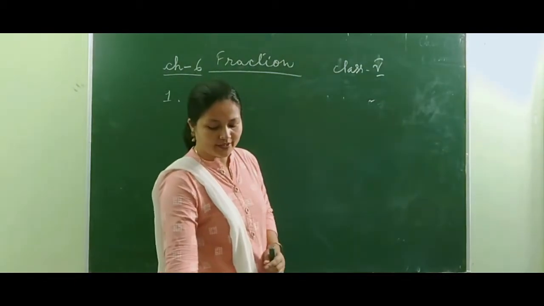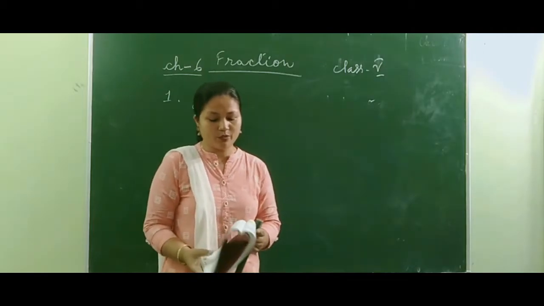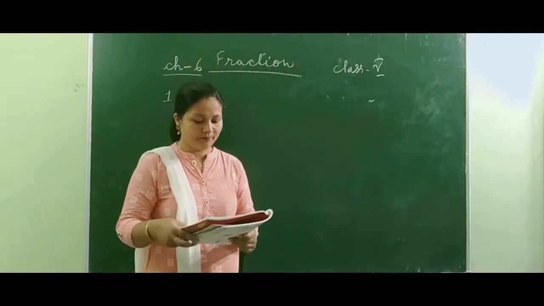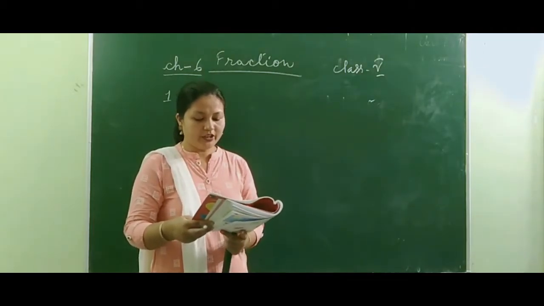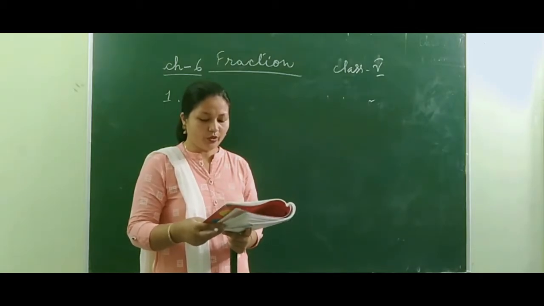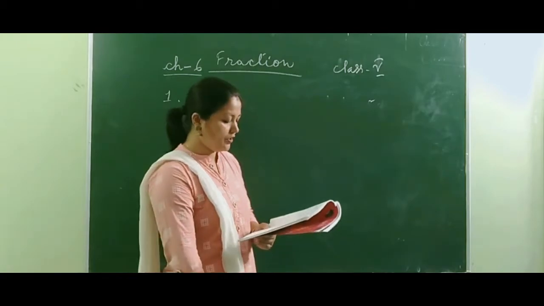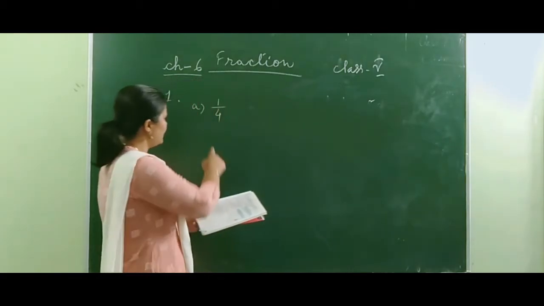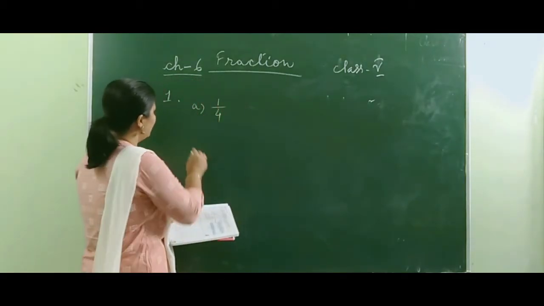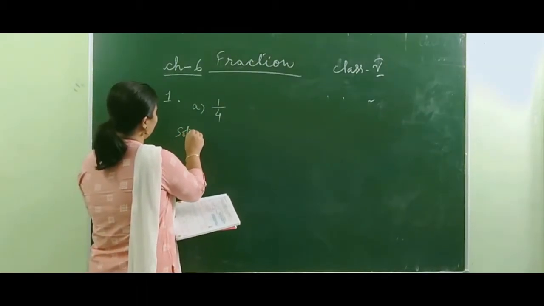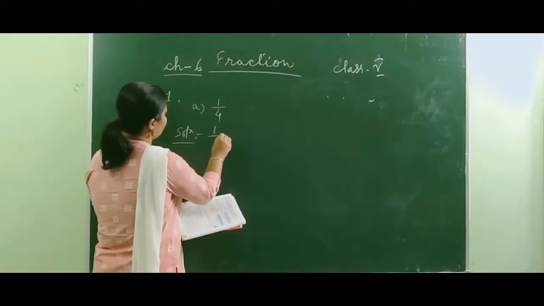Okay, now we'll go to exercise 6A. Question number 1: multiply the numerator and denominator by 3 in each of these to get an equivalent fraction. You can see question number 1a, it is 1 by 4. So we have to find the equivalent fraction of 1 by 4.